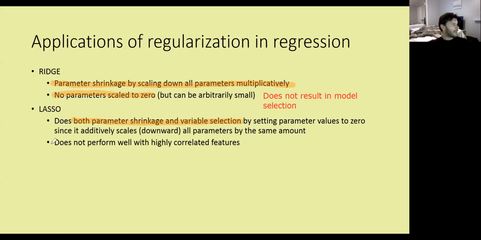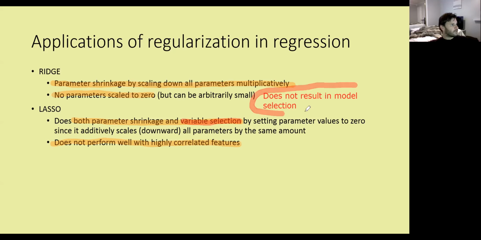The problem with lasso is it does not perform well if you have highly correlated features. If you have issues like multicollinearity in your data, or you have very highly correlated inputs, it doesn't perform great. Ridge does a little bit better in that particular instance, but lasso has the benefit here of doing not only parameter shrinkage, but also variable selection, right?